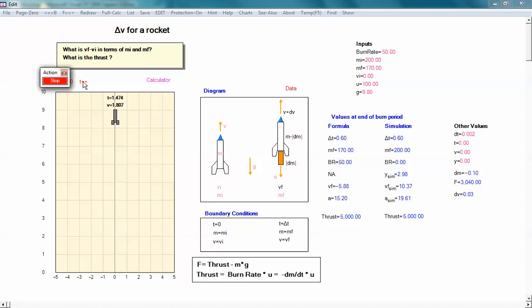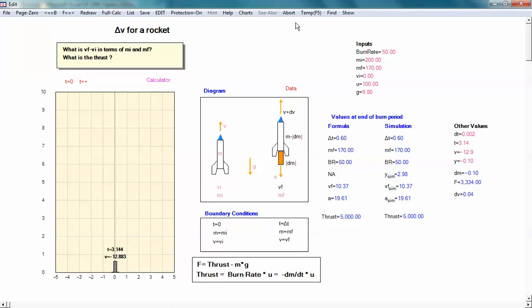We call that the burn rate, and then the burn rate times the velocity at which the exhaust is being propelled from the rocket nozzle. That product is called the thrust.